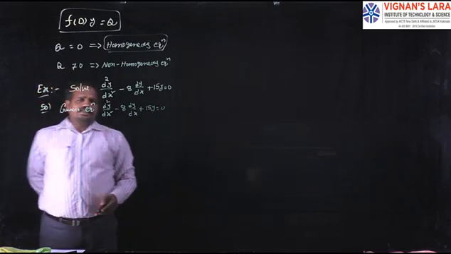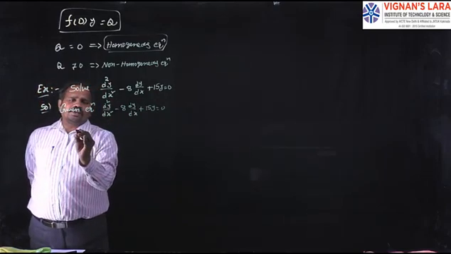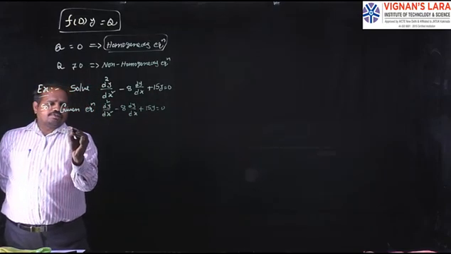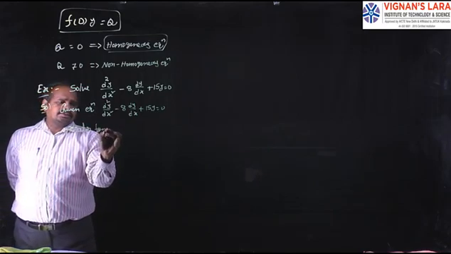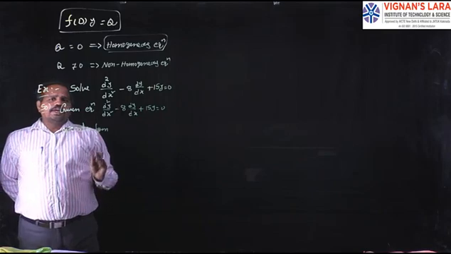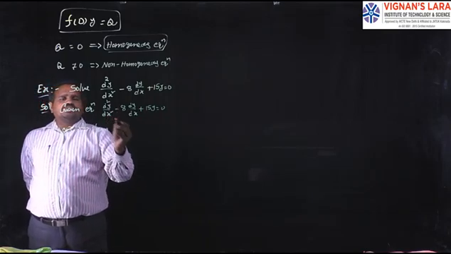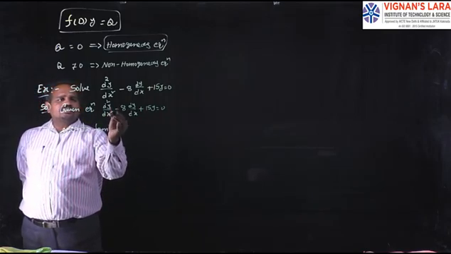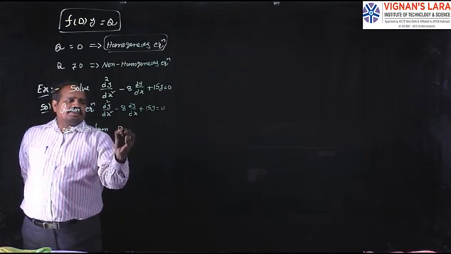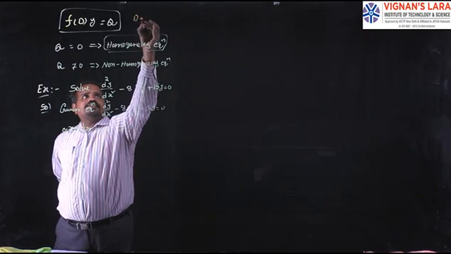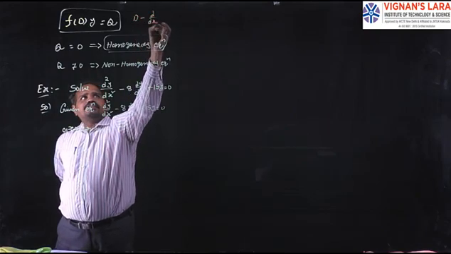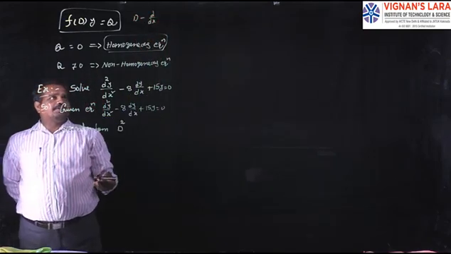After writing the equation, we write it in operator form. What is the operator form? It depends on the order of the equation. It is a second order equation, so d square y by dx square means capital D square, where D is nothing but the derivative with respect to the independent variable.